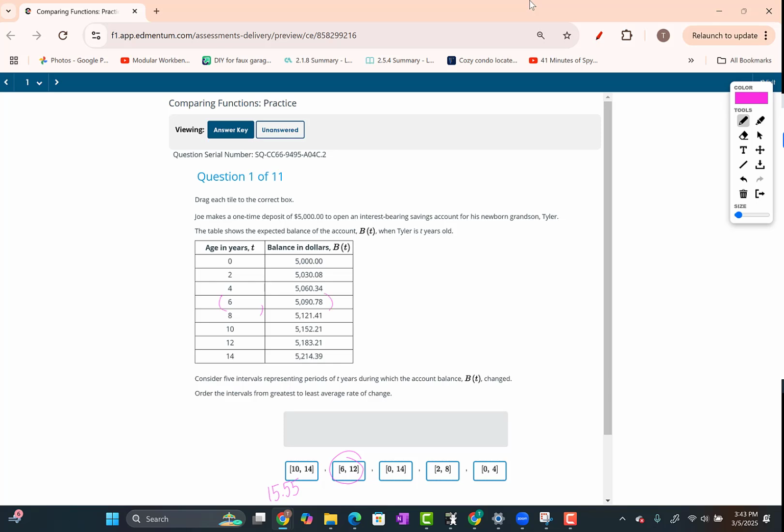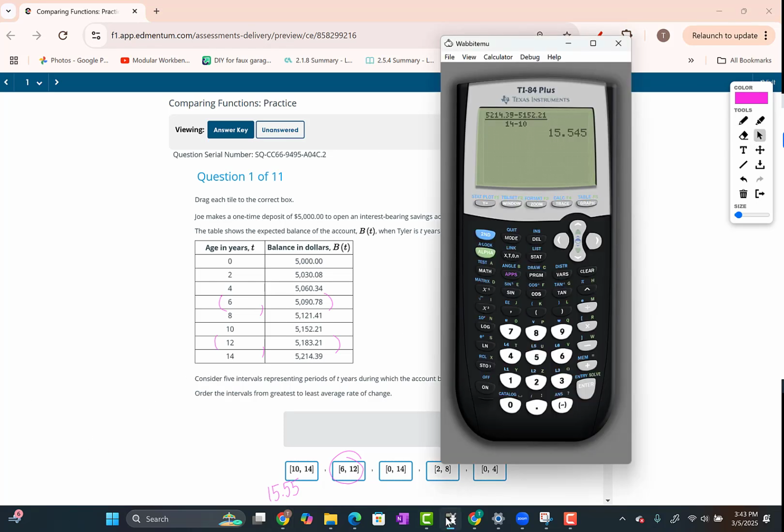So there's 6 and there's 12. Again, I'm just going to do y2 minus y1 divided by x2 minus x1. Second enter will recall the last problem, and then we can just type over. So my y2 was $5,183.21, which means my y1 is $5,090.78.